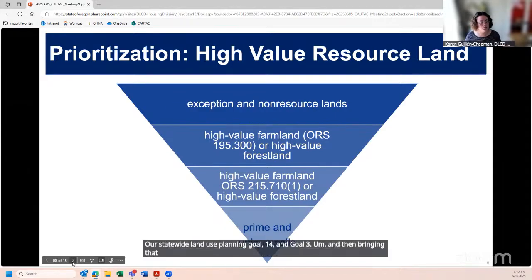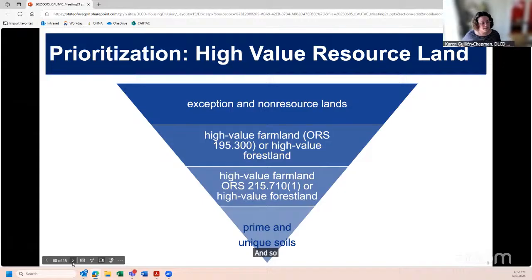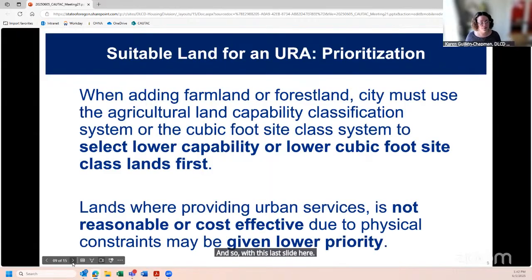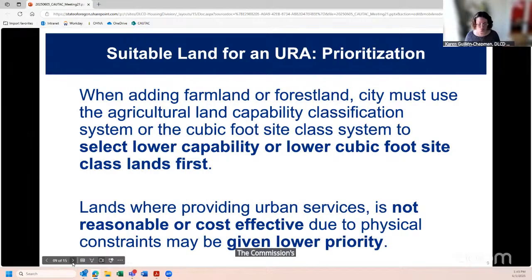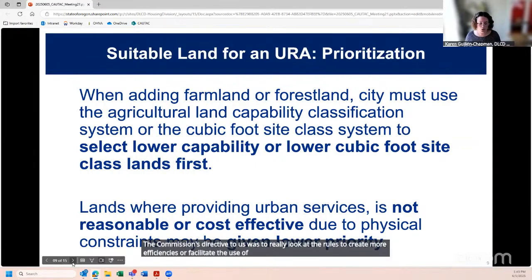And so with this last slide here, I think what I want to point out is one of the goals of our rulemaking process was to add additional clarity and certainty, but also really align it. I think within our charter, the commission's directive to us was to really look at the rules to create more efficiencies or facilitate the use of these tools, but to always make sure that they were aligned with the protection of our resource lands.